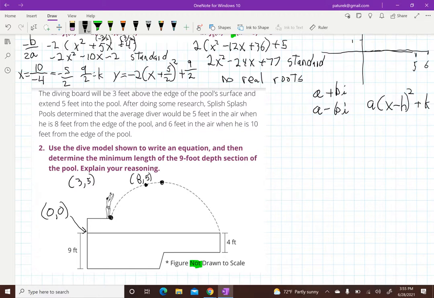Maybe he's going to go 20 feet in the air before he's done going up. But he's now 10 feet from the edge of the pool, always measuring from the same origin on the left. So 10,6. Now this is almost the equation of a straight line. But it isn't. 3,5.